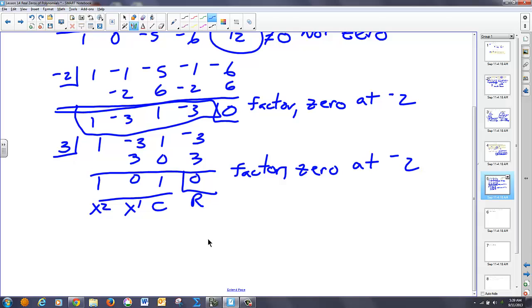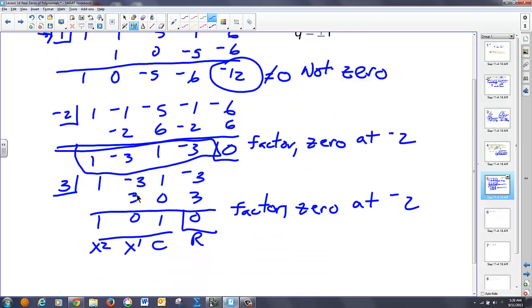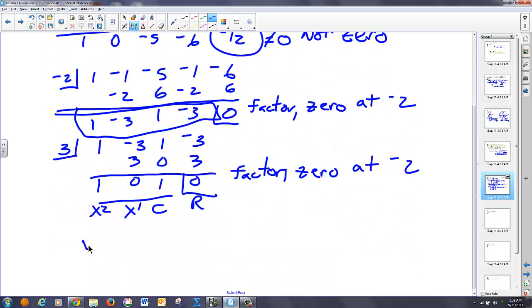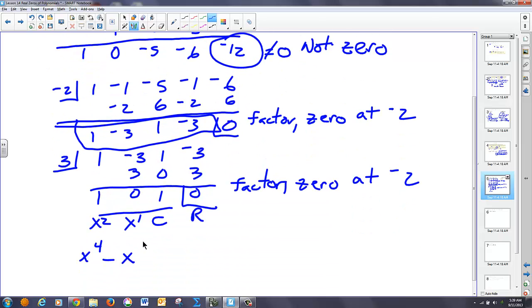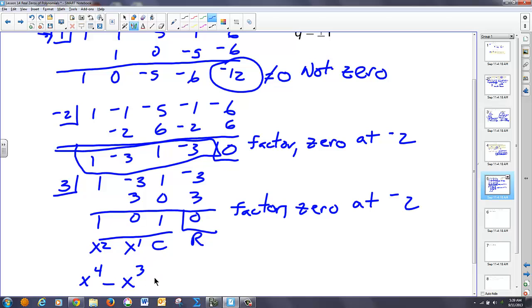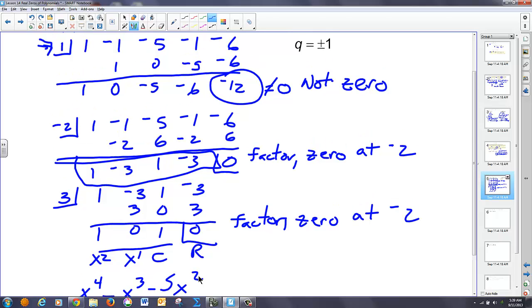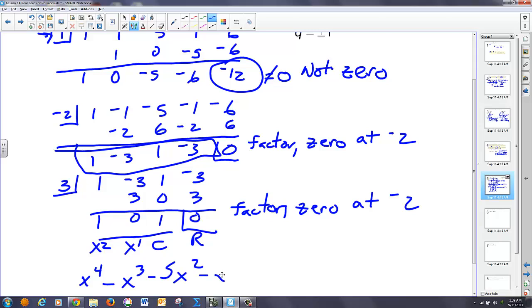So if I were to list out the factors of my function in their entirety, what I have is the original, which was x to the fourth, minus x cubed, minus 5x squared, minus x, minus 6. And what I've just found out is that this actually factors into, if -2 is a zero, I have x plus 2.